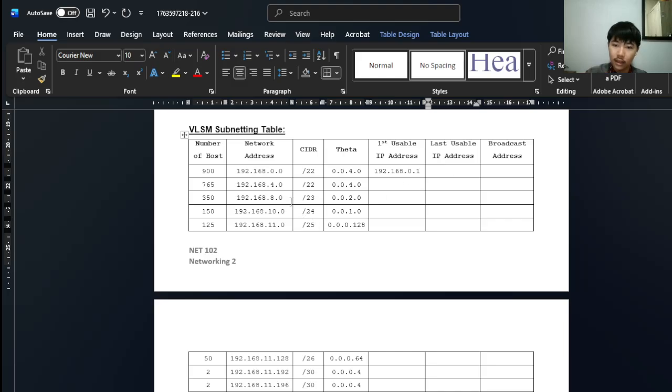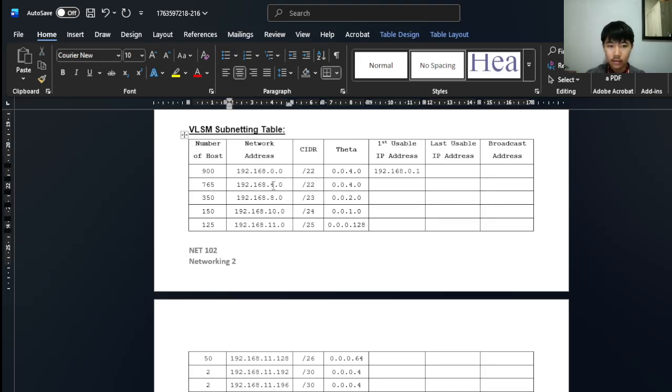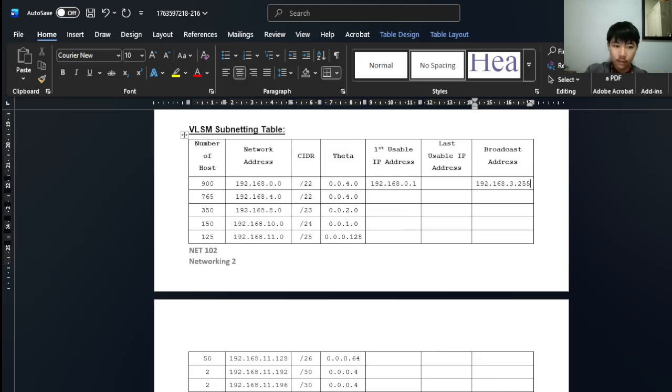Just see the next network address. This is the next network address, 192.168.4.0, so the broadcast address is 192.168.3.255.